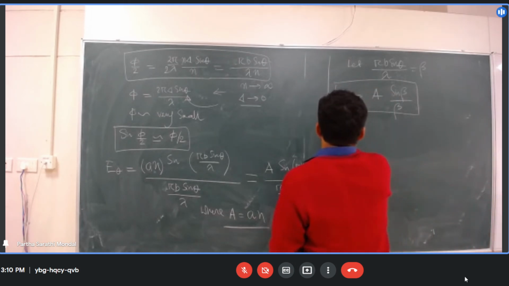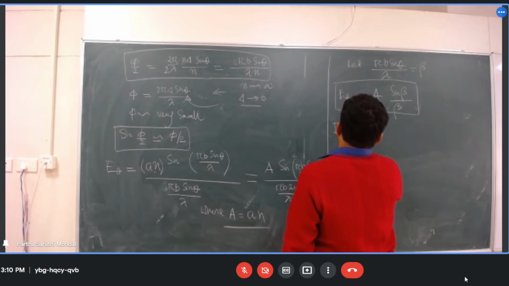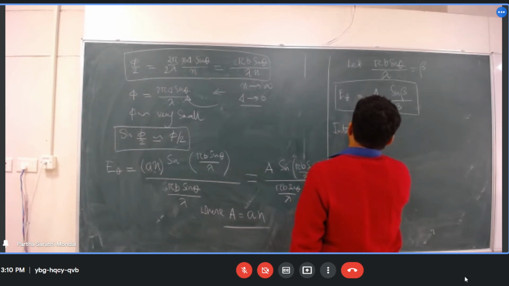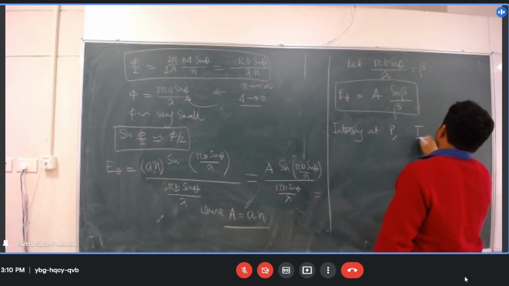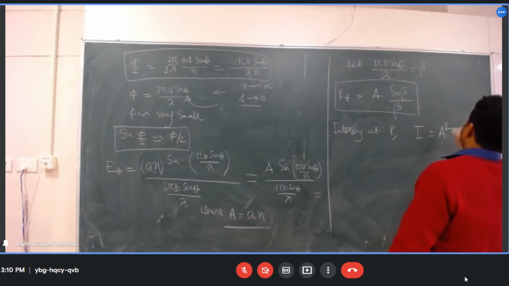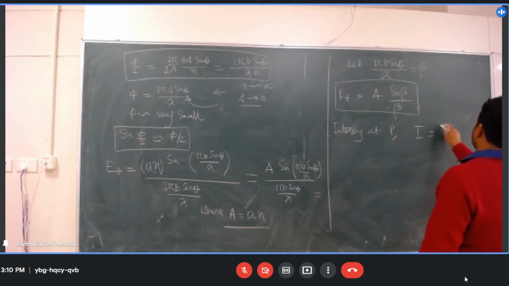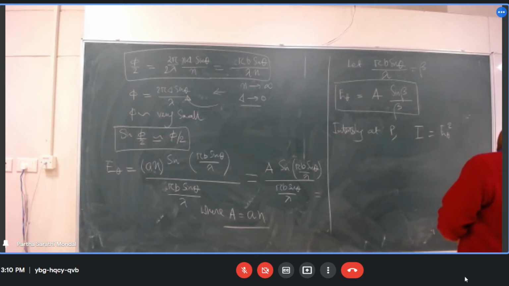So now intensity at P कितना होगा? Intensity at P, so that means let's say I, which will be amplitude square. Sorry, not A square, E theta square.